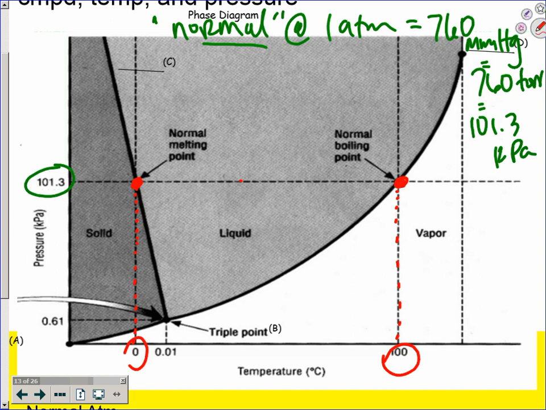So what if I raise the pressure at which I'm talking about? Let's go up to like 2 atmospheres. Where would 2 atmospheres be here? This is 101.3, so about 202 kilopascals, right? So it's going to be way up here. Okay, so here, what happens to the boiling point?